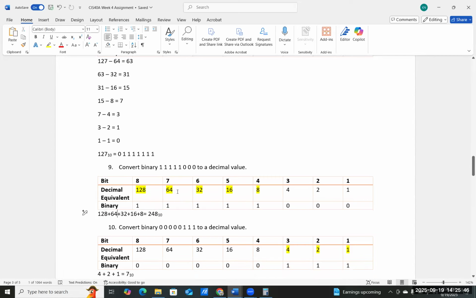I add it to the next bit, which is also on, 64. I add it to 32. I add it to 16. I add it to the 8, which is the 4th bit. And I don't add the last 3 because they're off. We don't care about those. So once you do your addition, you have 248 in base 10.